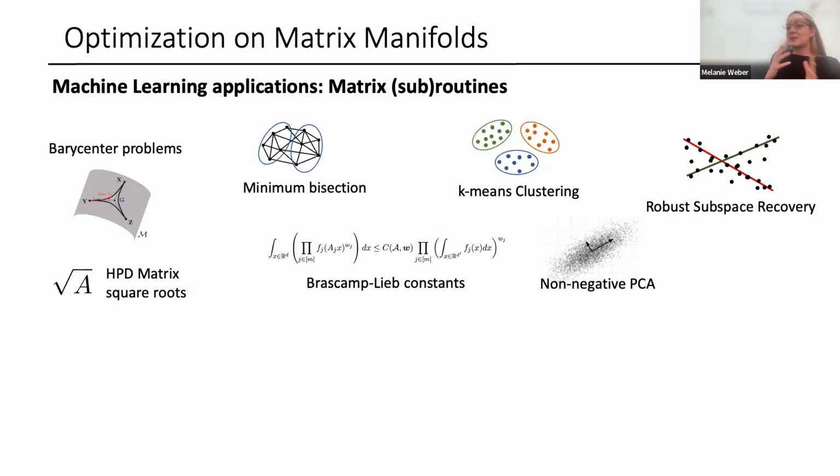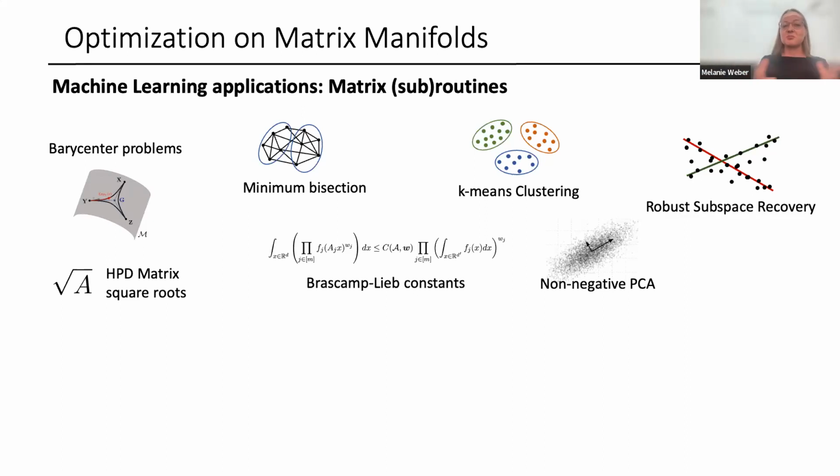To zoom into this third area, applications of matrix valued functions that arise in machine learning, you see here on the slide just a small selection of such problems. Many of those classical algorithms or subroutines I'm sure you have encountered in your work, such as barycenter problems, so if you want to average collections of matrices, or things like k-means clustering or minimum bisection.